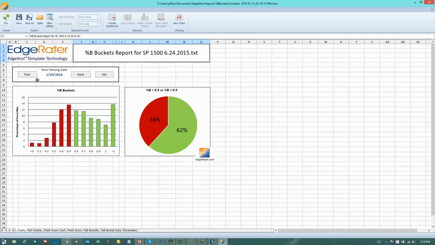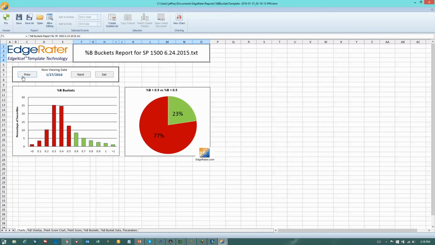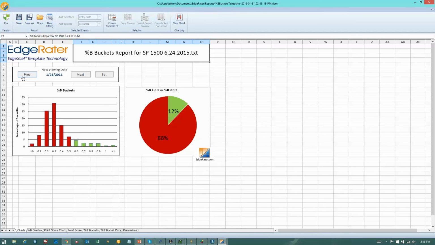What's interesting is, let's just go back one day. We're totally flipped, 68% a day earlier, 77, 73, 88, 82. Go back to the 21st and the 20th, you had pretty profound numbers if you look at the number of stocks trading below the midline of the Bollinger Band.